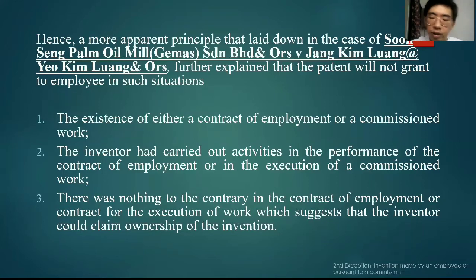That means the invention or the working of the invention is actually the duty of the employee. And then in the contract as well, there is nothing to show the patent of the invention will go to the employee. If there is no such clause in the contract of employment, then the ownership will, according to section 20 subsection 1, be granted to the employer.